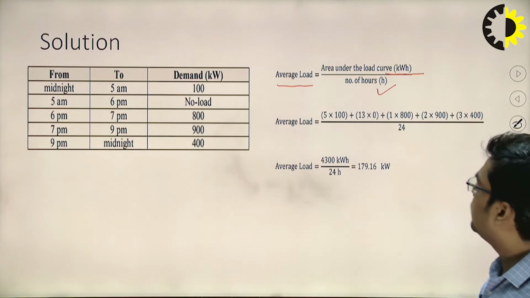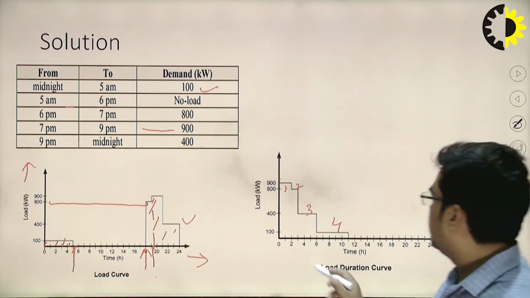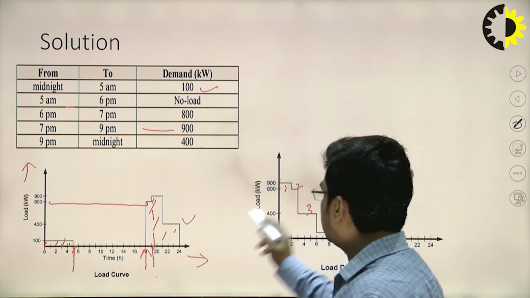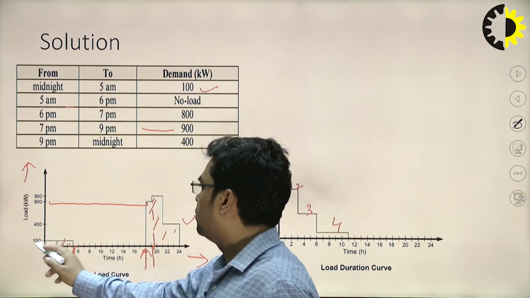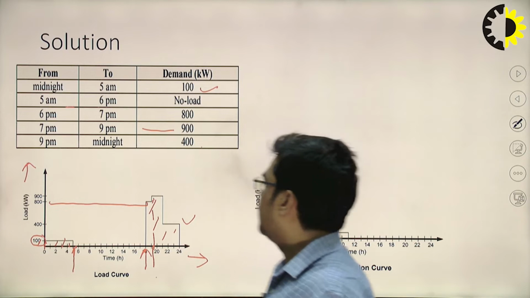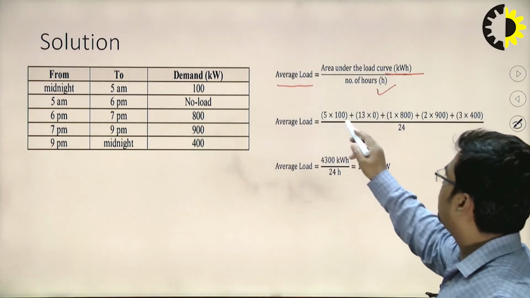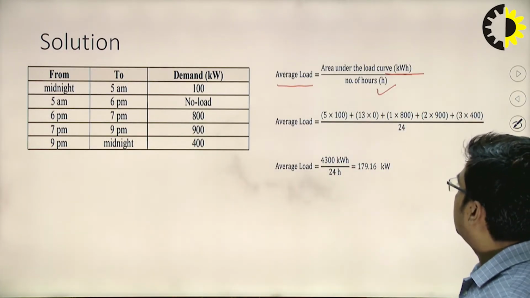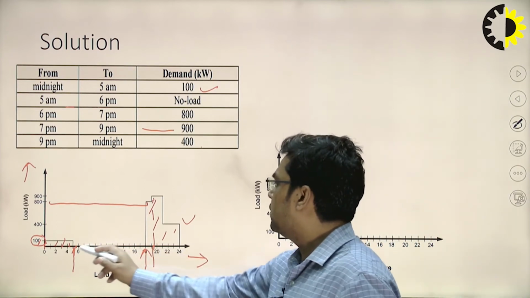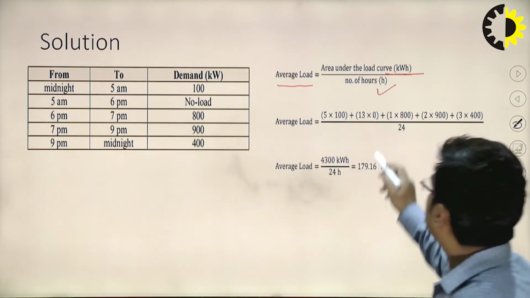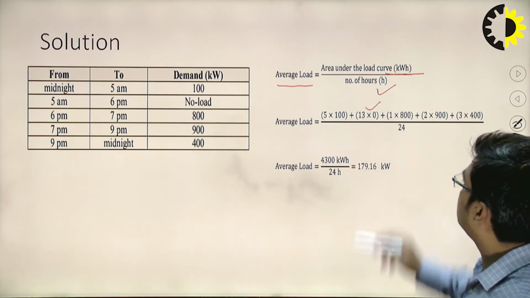So how will we calculate the average load? We will know the durations. For this duration of 5 hours, the load is 100 kilowatt, so we multiply 5 into 100. Then for around 13 hours there will be no load, so we put 13 into 0.